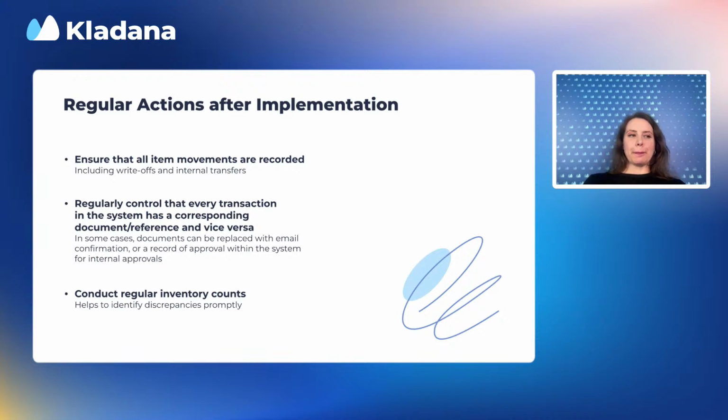And what is important, after implementation is finished, it's crucial to still look after it, because you have to make sure that all items are recorded. It can be done via internal instructions, or just during some period, like 1-2 months.